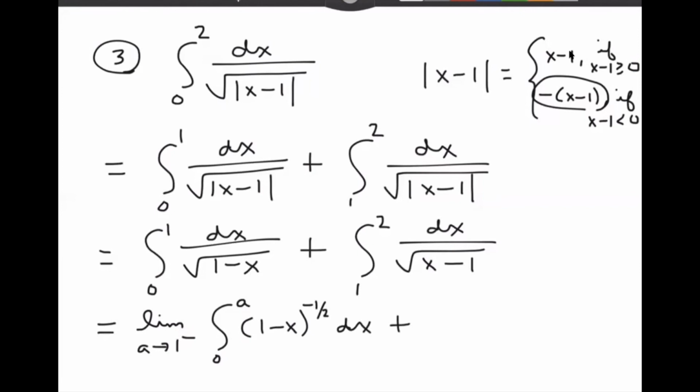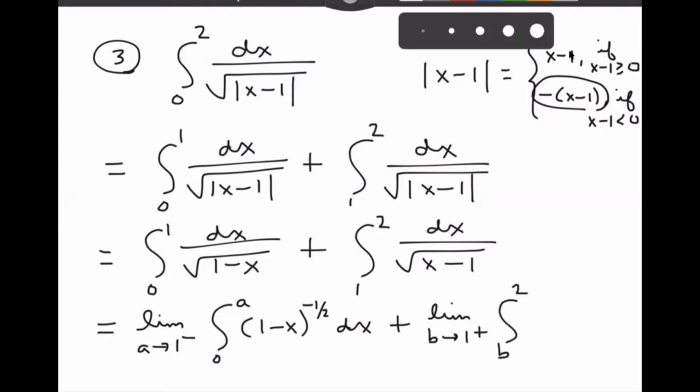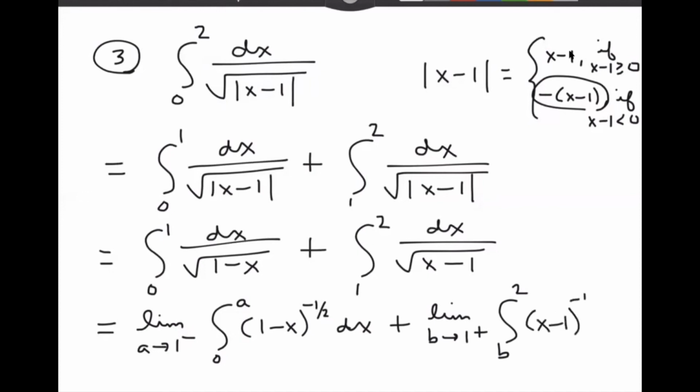And then the second limit will be the limit as b approaches 1 from the right, integral b to 2. And again, let's write this as x minus 1 to the negative 1/2. All right, so now I'm ready to start looking at antiderivatives.